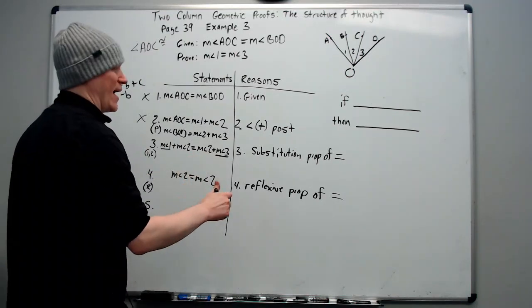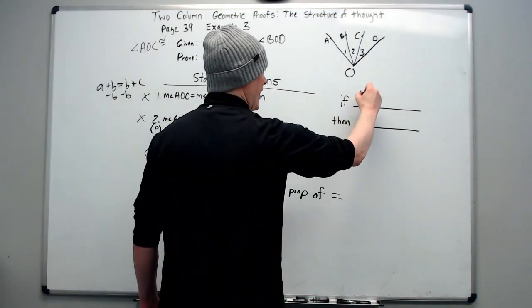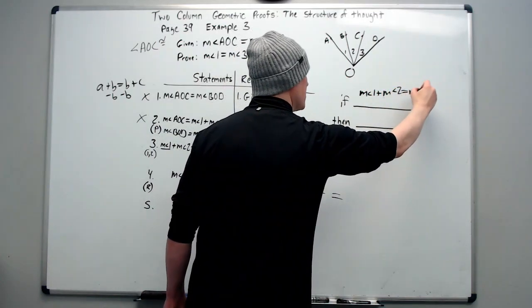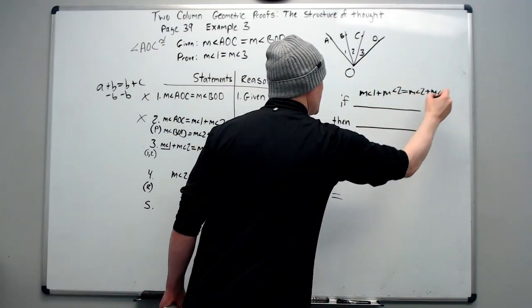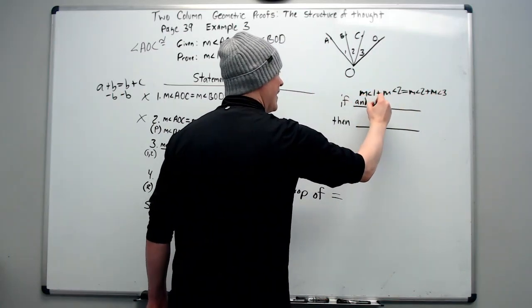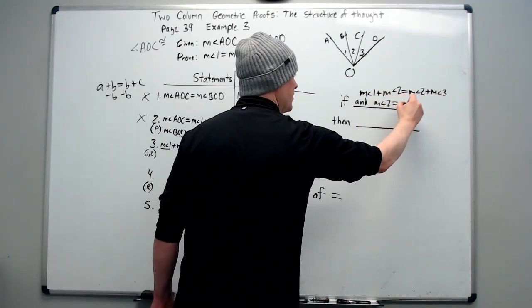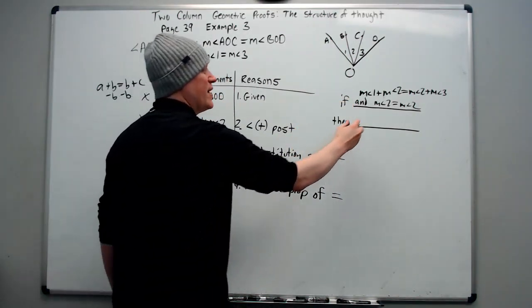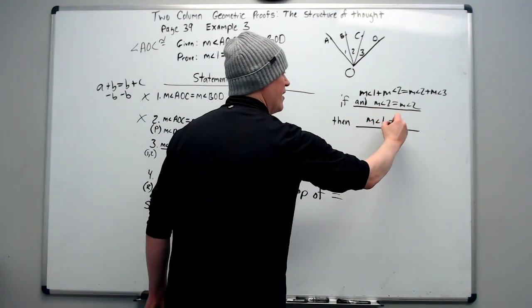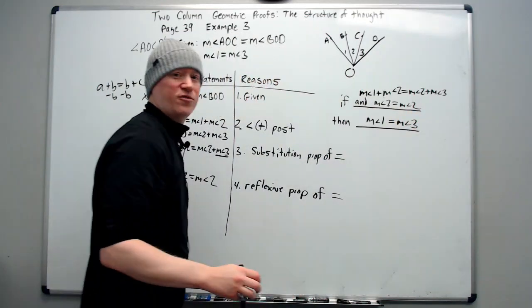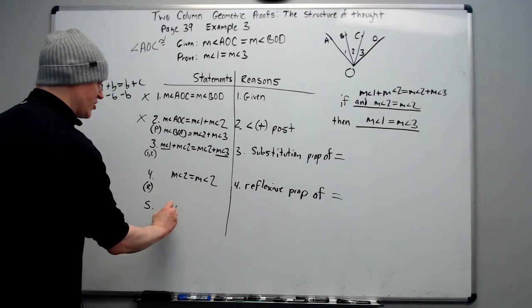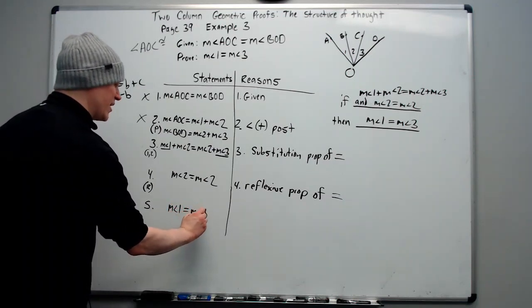Let's write the format. It's if measure of angle 1 plus measure of angle 2 equals measure of angle 2 plus measure of angle 3, and measure of angle 2 equals measure of angle 2. If both of those things are true, then I can take away the measure of angle 2 from both sides. And so now you will get measure of angle 1 equals measure of angle 3.